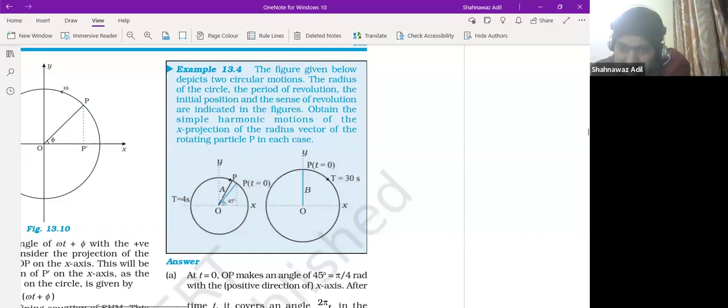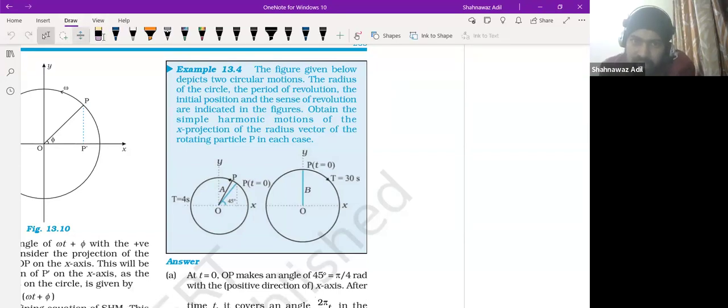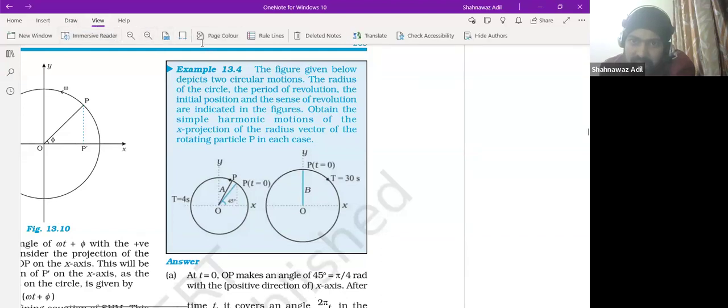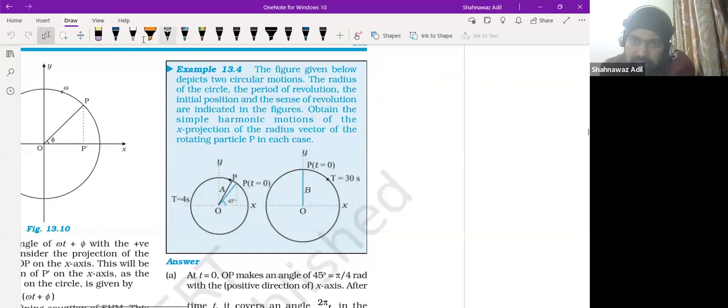So at t equal to 0, the initial condition is given, right? And we know that the angle at 0 is how much? So you see that P at 0 is this thing.